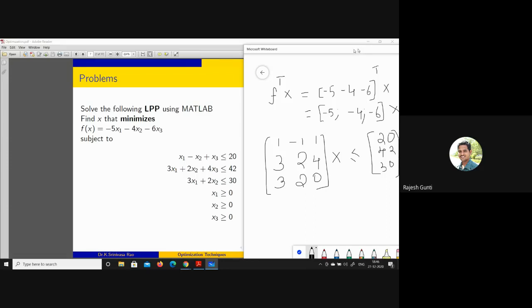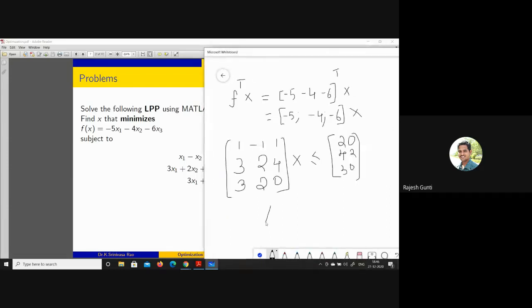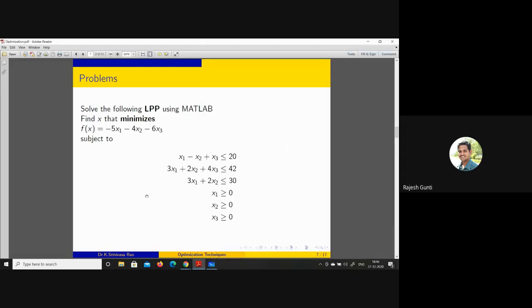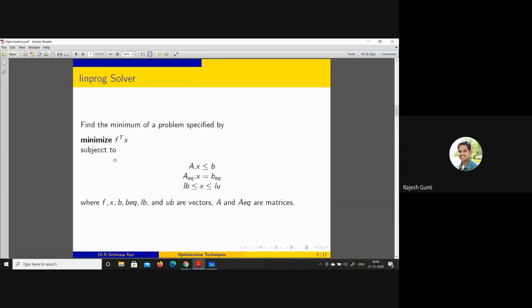In the previous slide, we wrote this as Ax is less than or equal to b.